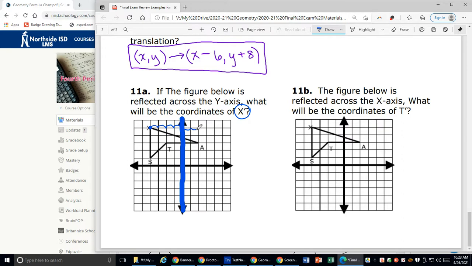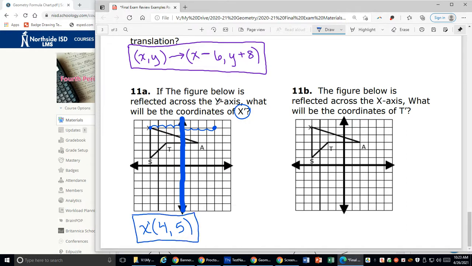So it's going to be 1, 2, 3, 4 squares away right here. So x prime will be at the point 1, 2, 3, 4, and then up 1, 2, 3, 4, 5. So x prime is at the point 4, 5.